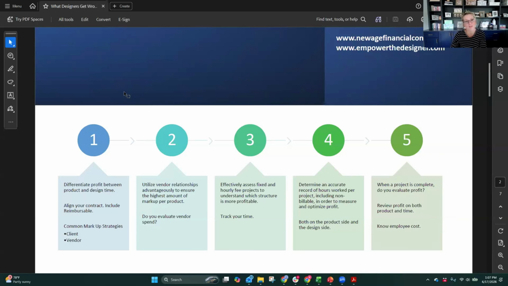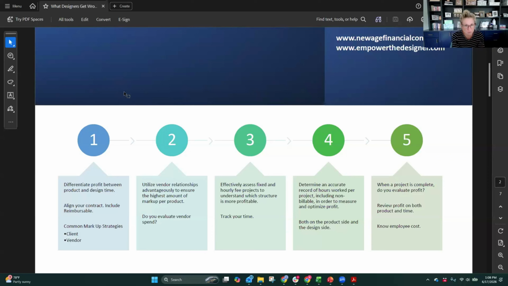Or are you marking it by vendor? And at that point, the contract may be a little bit gray. It could say something like, we provide the best discounts possible. We're sharing, not necessarily splitting. To me, splitting means splitting, and sharing could go either way. But let the clients know that you buy from the trade, and that you are marking up based on what your vendor relationship is.